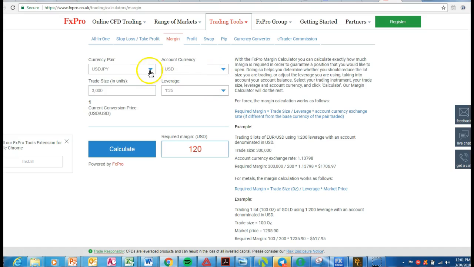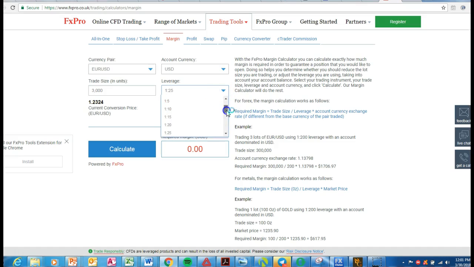Now, if I were to change this to another pair, let's say we went to Euro US dollar, and we're trading 30 cents a pip. Actually, the leverage is better.